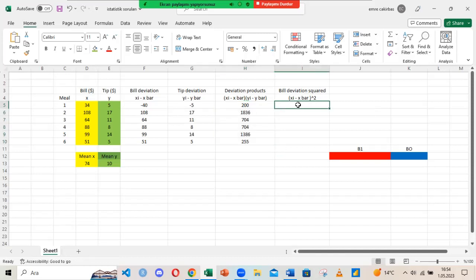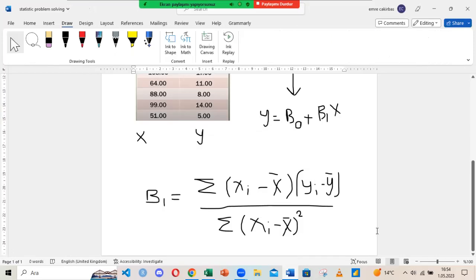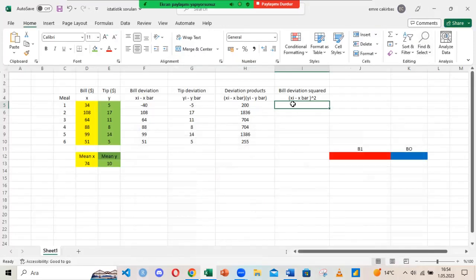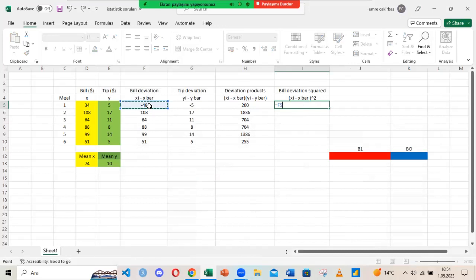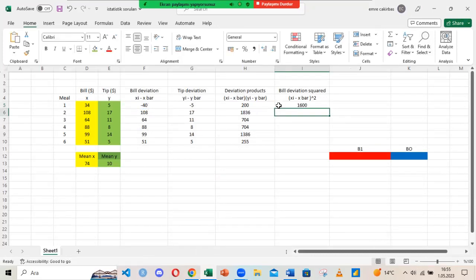For finding the bill deviation squared in the division part of our formulation, I will apply it like that. Take the bill deviation and square it. Then scroll down to apply to all of the meal types.